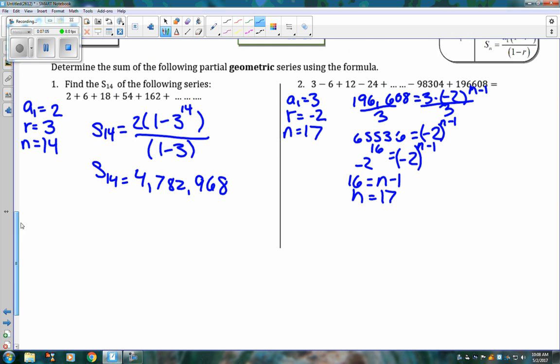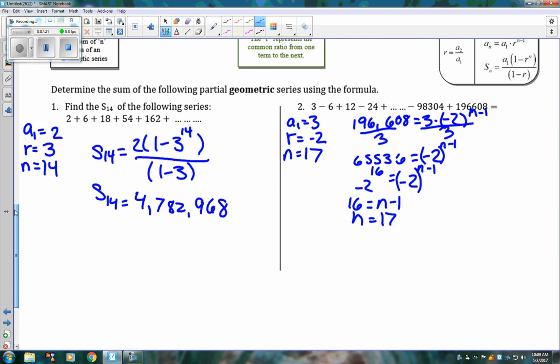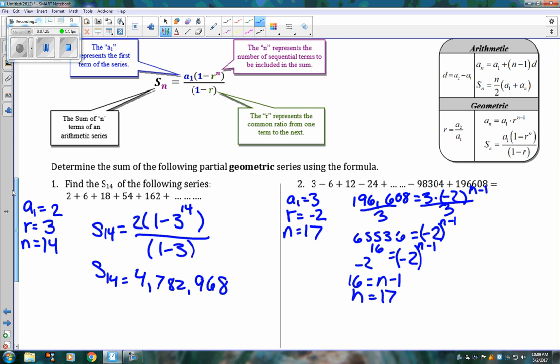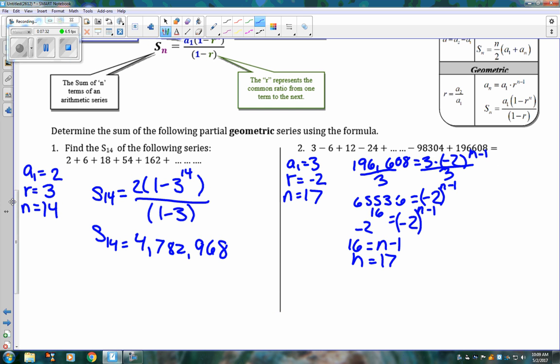So using this formula, plug in what you know. Plug it into the sum formula. n is 17.